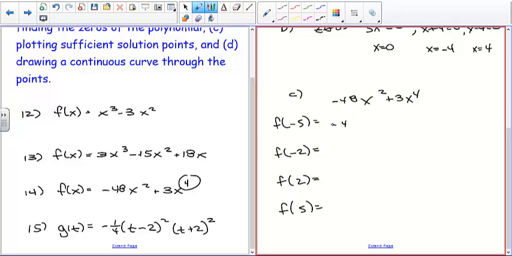So we get negative 48 times negative 5 squared plus 3 times negative 5 to the 4th. The next one is negative 48 times negative 2 squared plus 3 times negative 2 to the 4th.